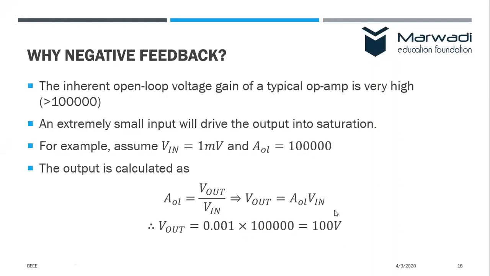But practically, even if you have 1 millivolt and you want to get 100 volt, it is not possible to get the 100 volt output. Again, there is a query: why can't we get a 100 volt output here? Let us see what happens.